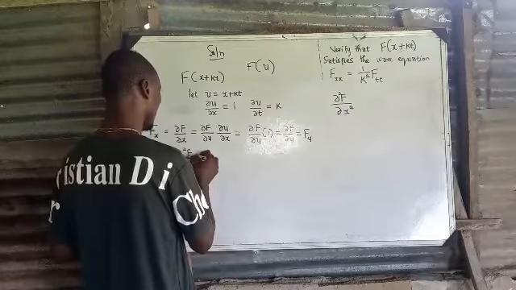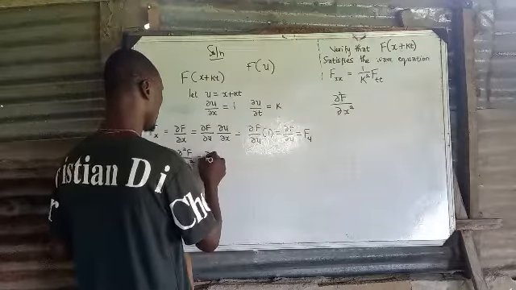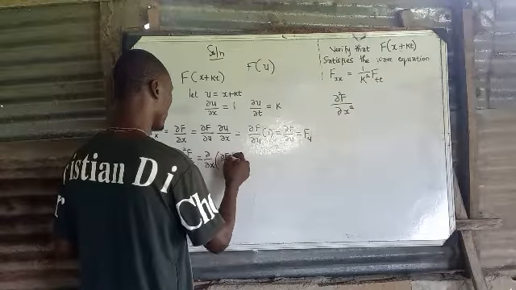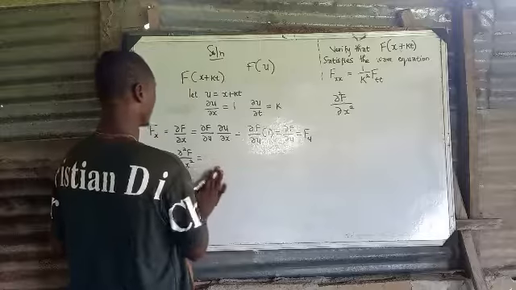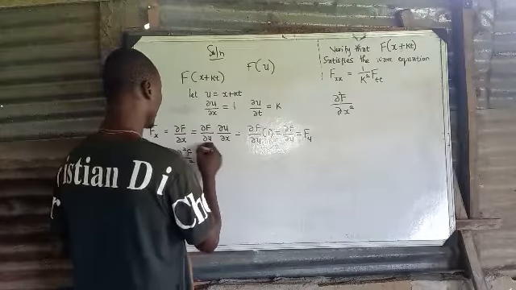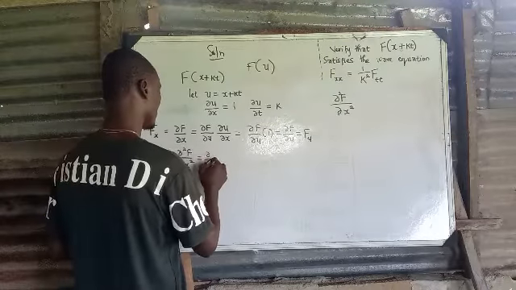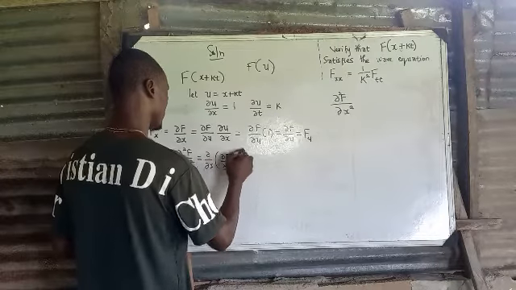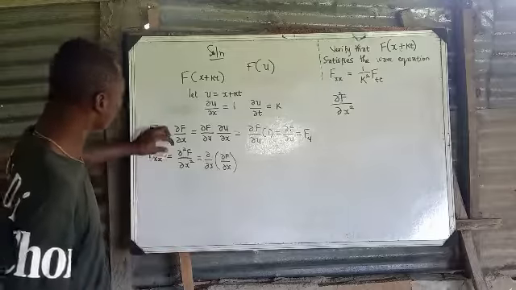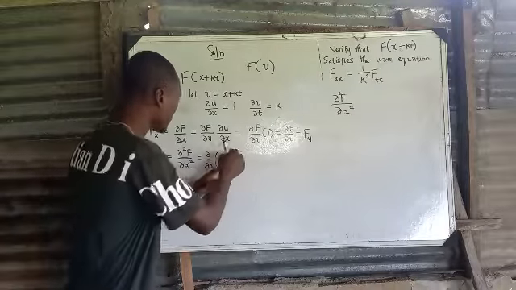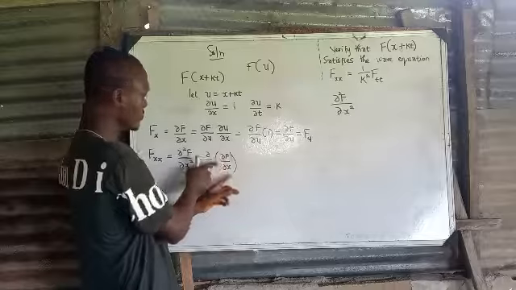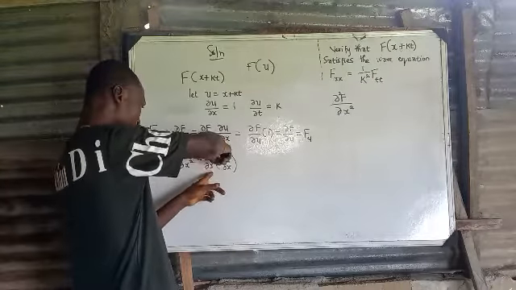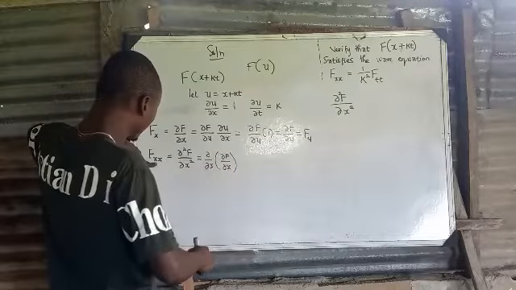And then we can rewrite this as partial over partial x of partial f over partial x. Remember, this is the first derivative we got. Now we are differentiating that first derivative again with respect to x. That is why we have the second derivative.